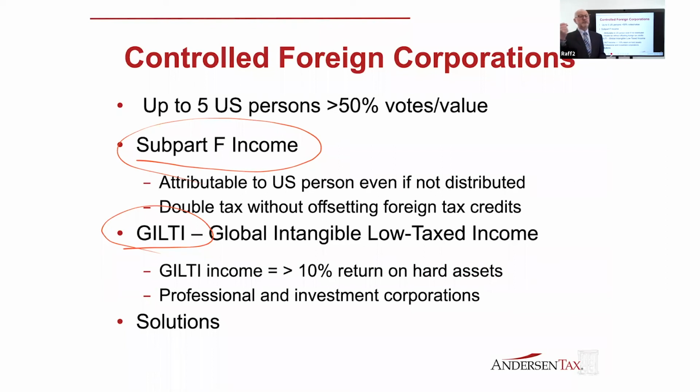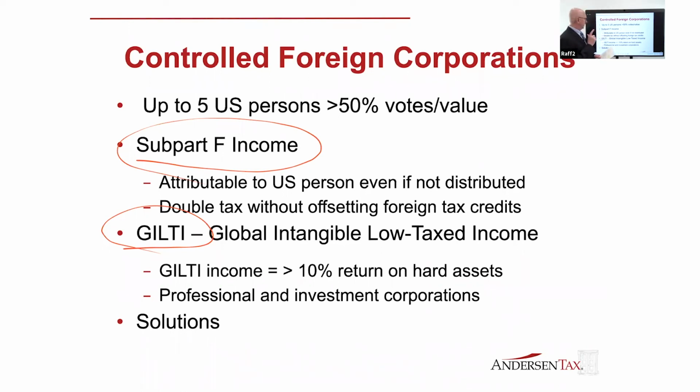In 2022 or 2023, you pay out the dividends and you pay Canadian tax, but you can't carry back the Canadian tax to offset the U.S. tax. And Canada won't accept the U.S. tax as a credit against the Canadian tax. So it's a double tax situation. So you want to be very careful about Subpart F income and the potential adverse tax impact that it can have on you.